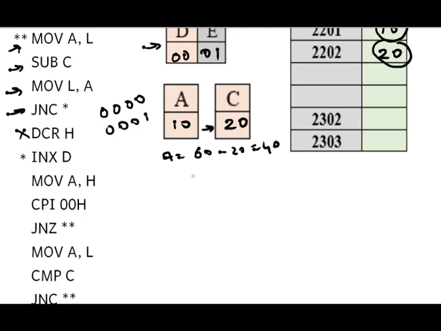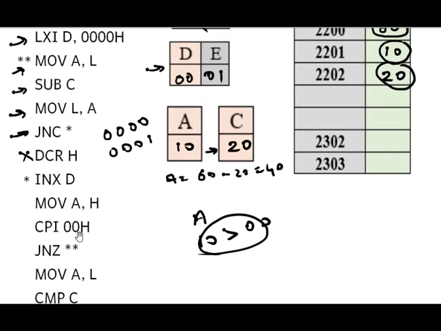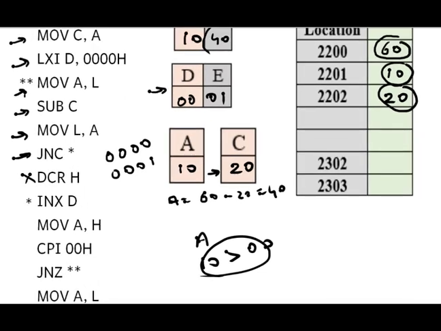This instruction compares the data in register A with 00. As we know, A is greater than this, so it will jump if no zero. Zero is generated when both become equal. Because A is greater than that, it will jump if not zero to the double star, which comes back to the instruction MOV L, A.